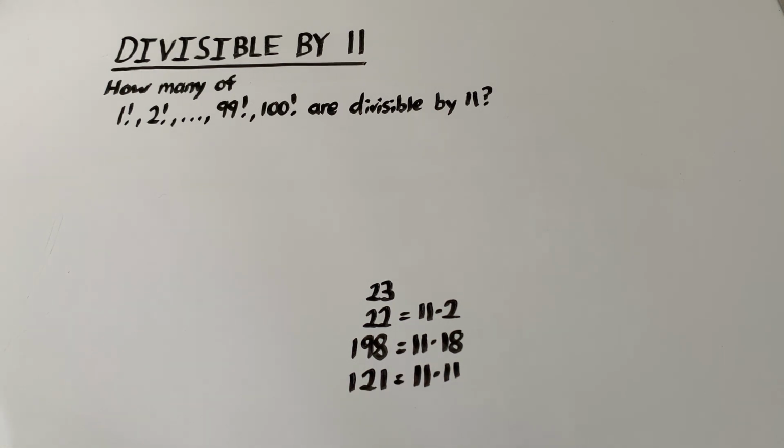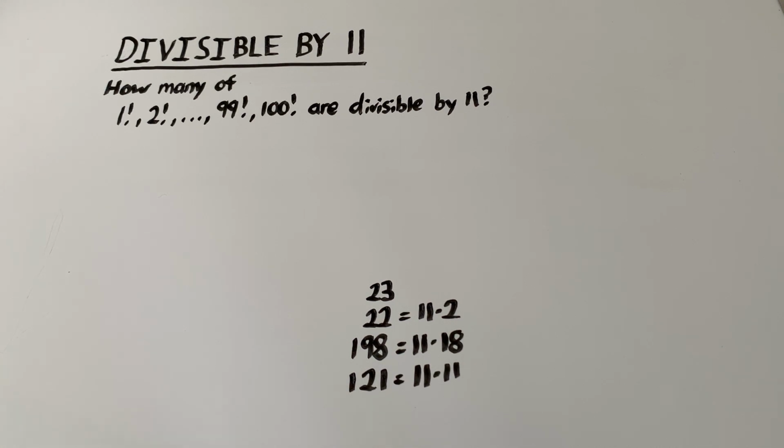Now from our examples, we see a clear pattern. In order for a number to be divisible by 11, it must have at least one factor of 11 present. It can have more than one. For instance, 121 has 2, but the important thing is that it must have at least one factor of 11.